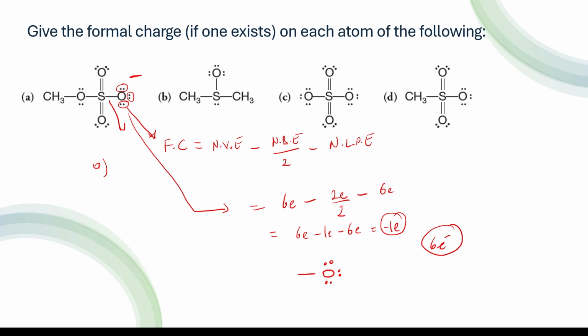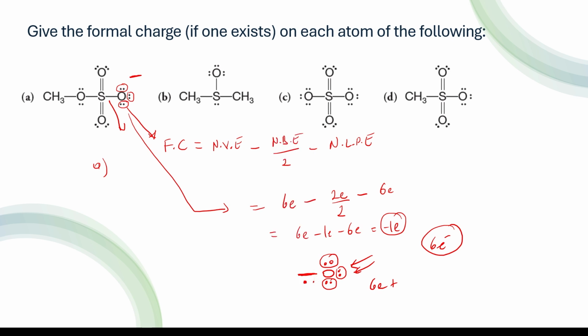I'm going to check in this specific case how many electrons oxygen actually owns. We have 2, 4, 6 lone pair electrons, plus we have a single bond here. In this single bond, we have 2 electrons.